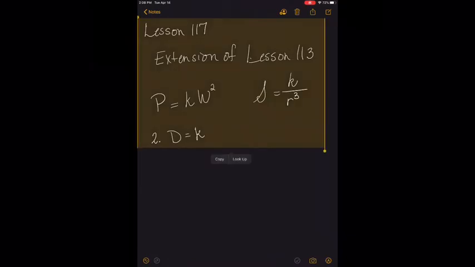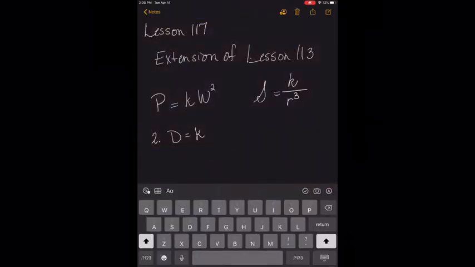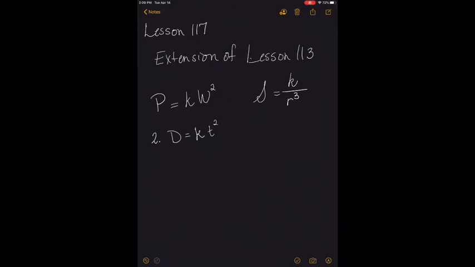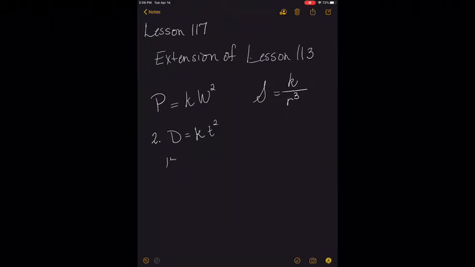So the distance a body falls varies directly, so we have our constant times something else, the square of the time that it falls. So D equals K T squared.